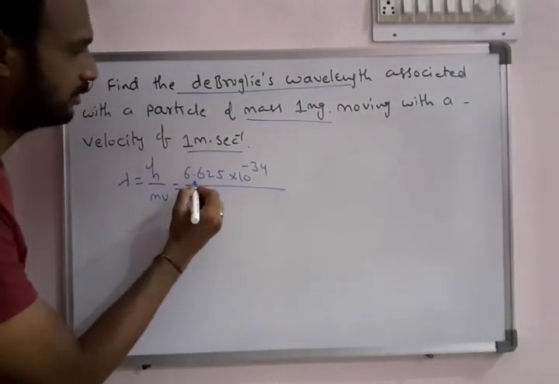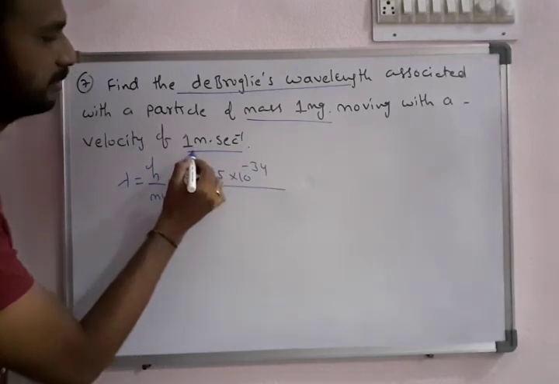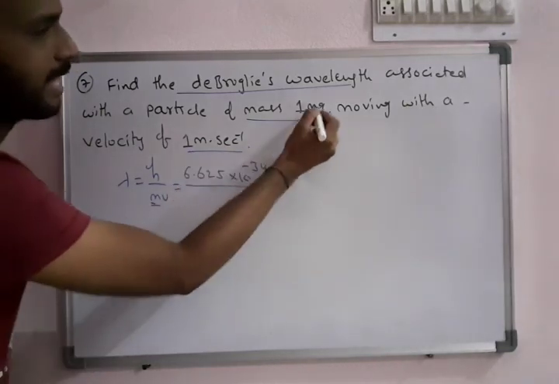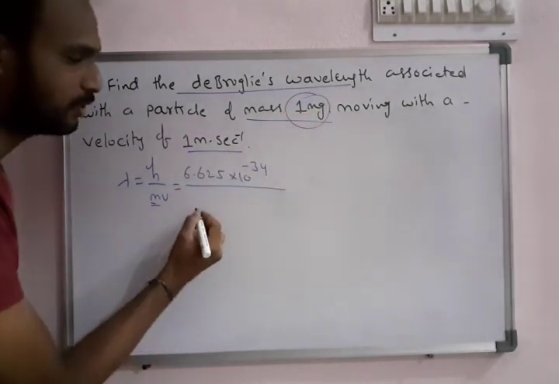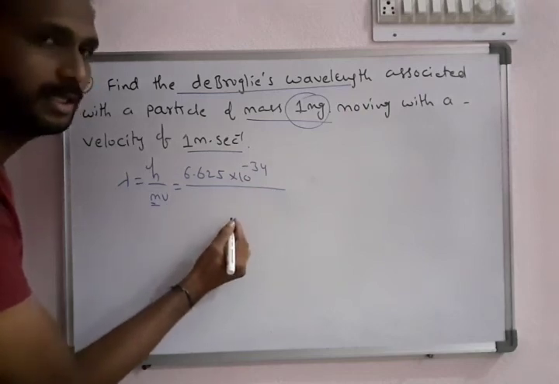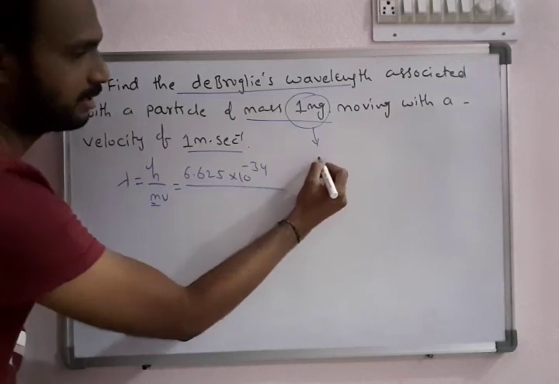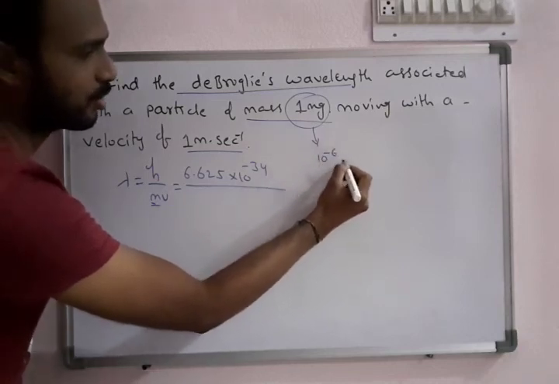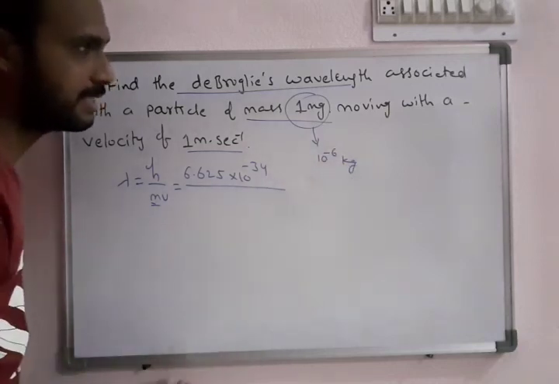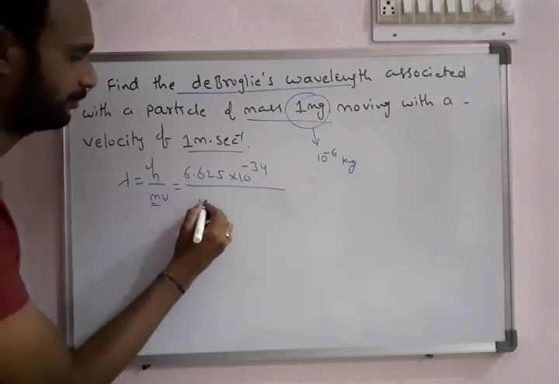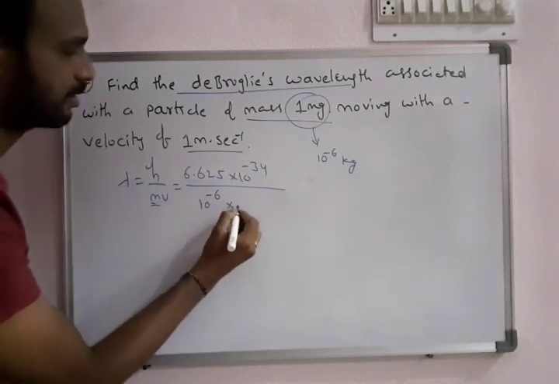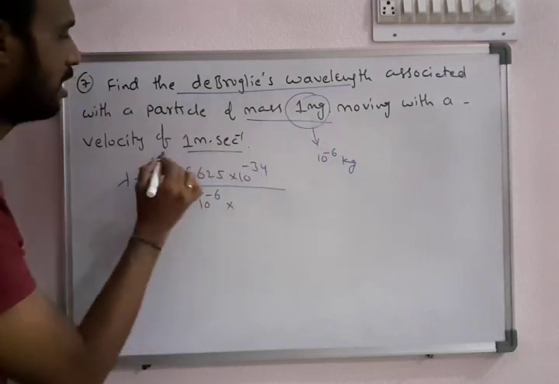Here the mass is given in milligrams, so we need to change it into kgs. 1 milligram is how many kgs? Approximately 10 power minus 6 kilograms. What is the velocity?